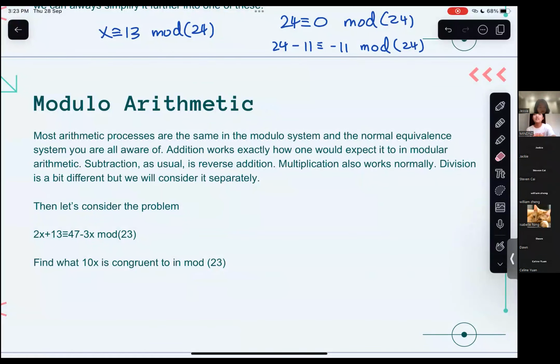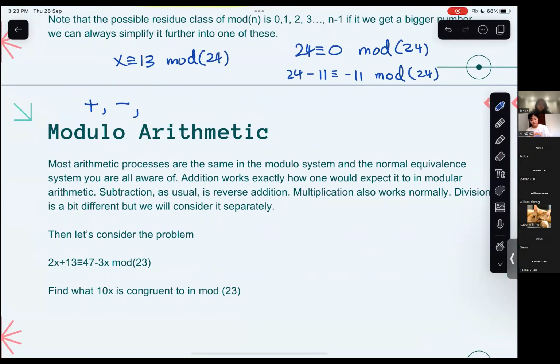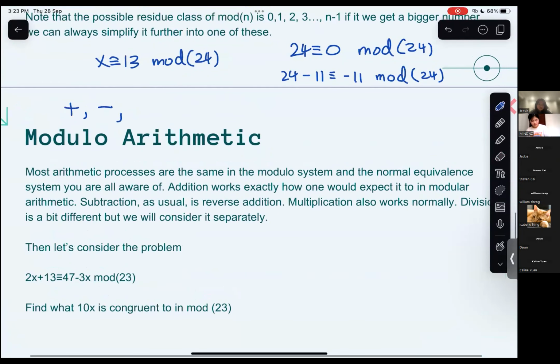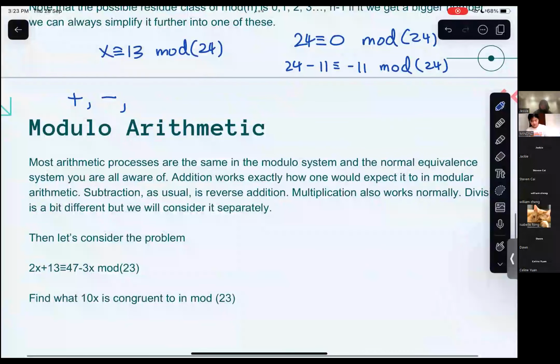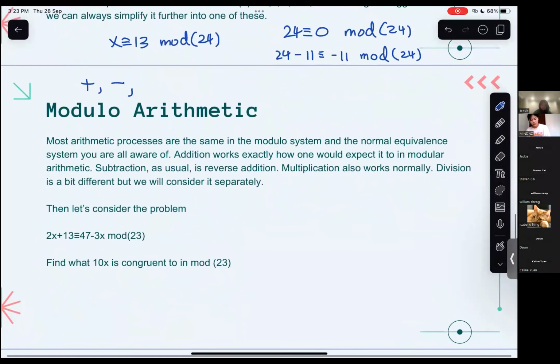No, okay. Well, the arithmetic processes are everyday things that we use. So it's addition, subtraction, multiplication, and division, right? That's basically our arithmetic processes.